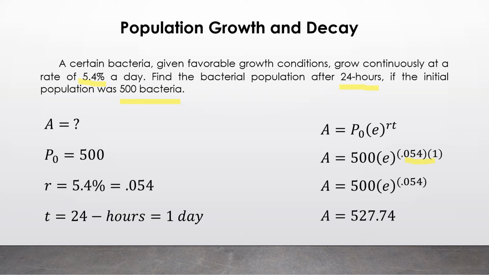And therefore, our final answer will be 527.74, or the population of bacteria after 24 hours is 527 or halos 528 na.